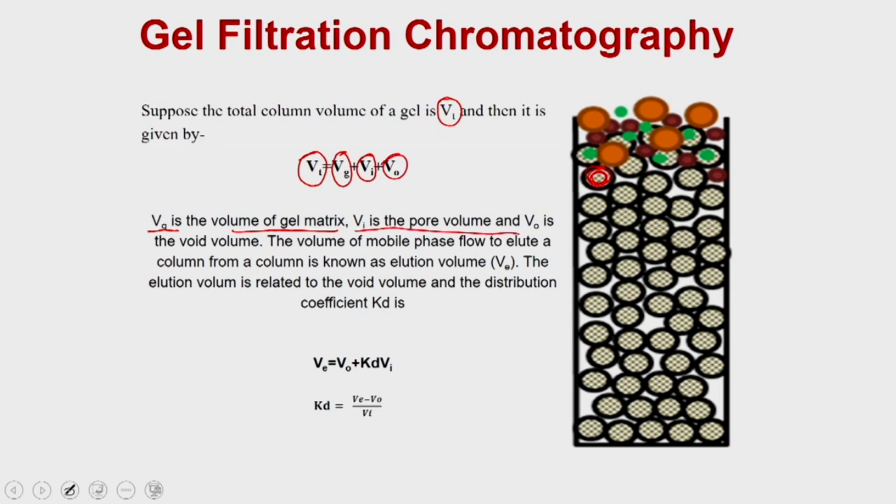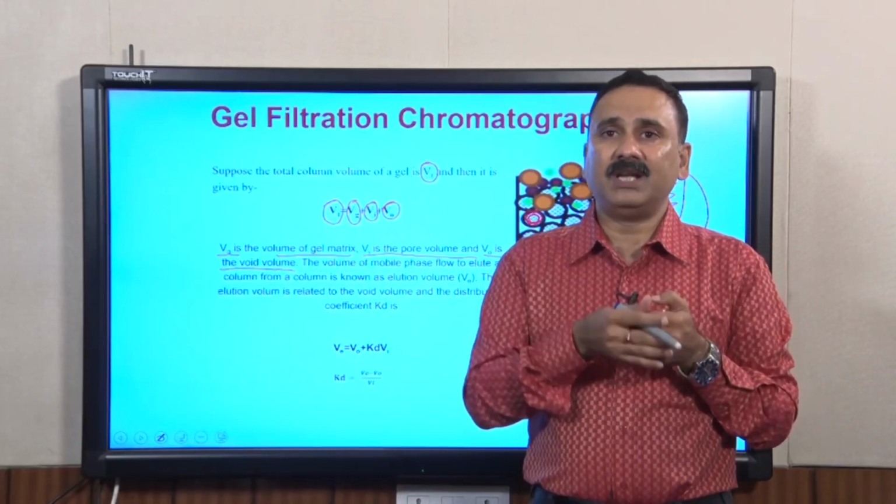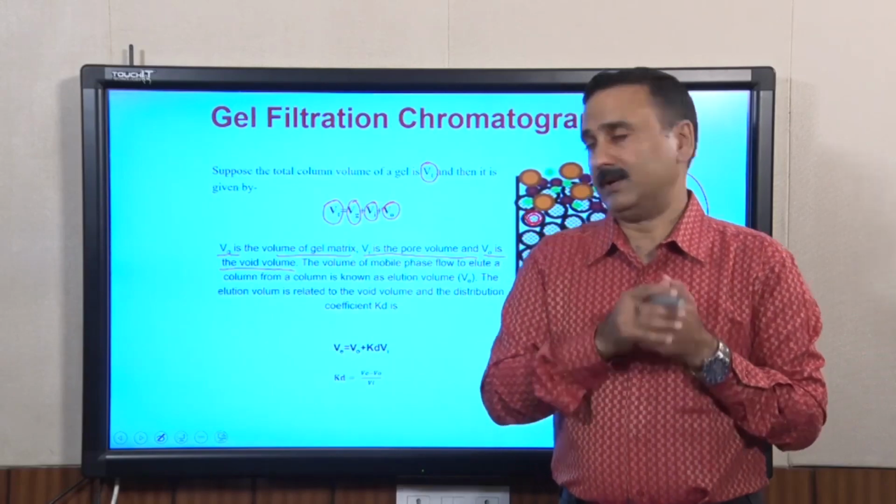Vi is the pore volume, which means the volume of these pores that is going to take part in the exchange, and Vo is the void volume, which is actually the volume that is being excluded. So, void volume means the volume which is being avoided by the molecules and which will not take part in the exchange or the distribution phenomena.